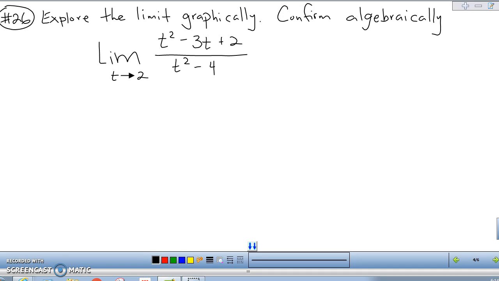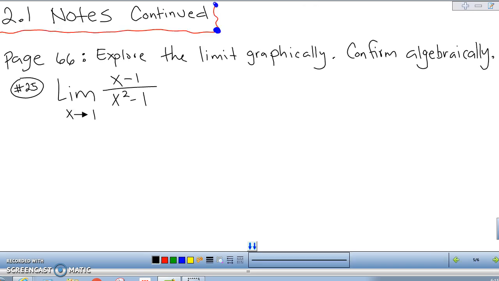Okay. Before the next problem, let's add to your 2.1 notes from page 66, problem number 25. The directions say explore the limit graphically, confirm algebraically.